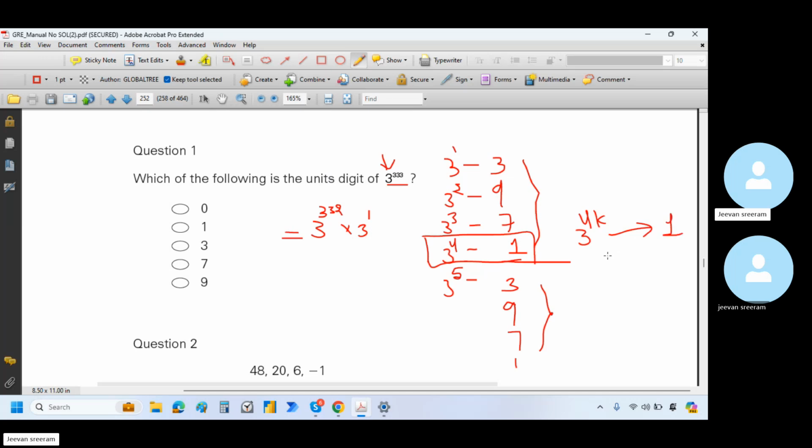If the power is a 4 multiple, it obviously has last digit 1. So 3 power 332 has last digit 1, into 3. So for 3 power 333, the last digit is going to be 3.